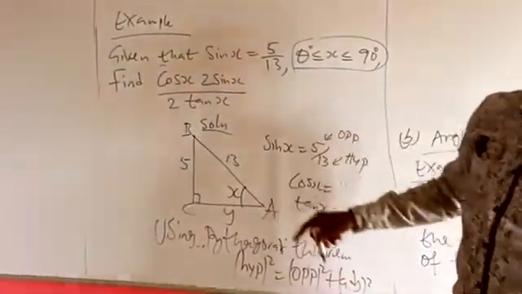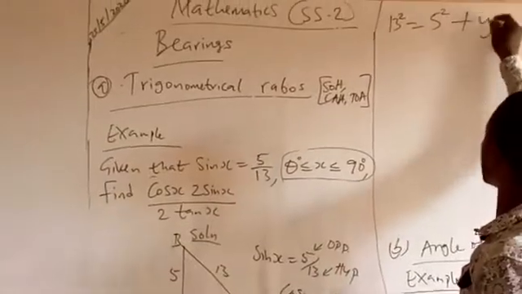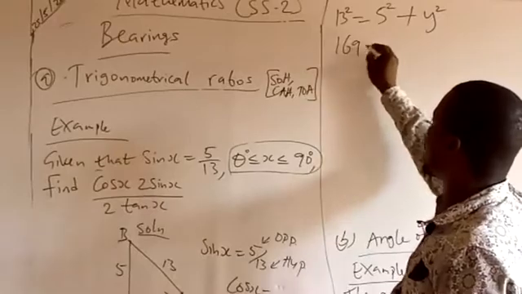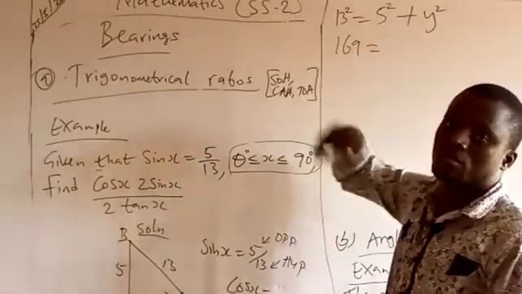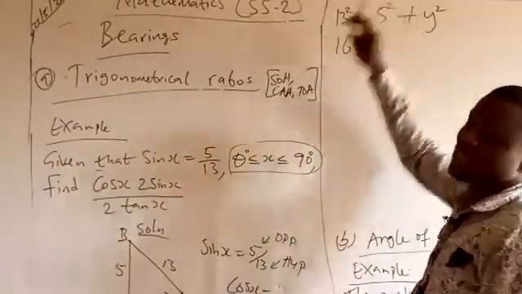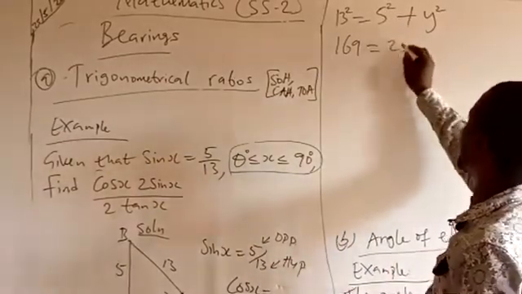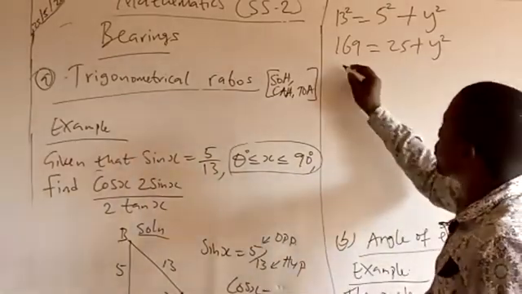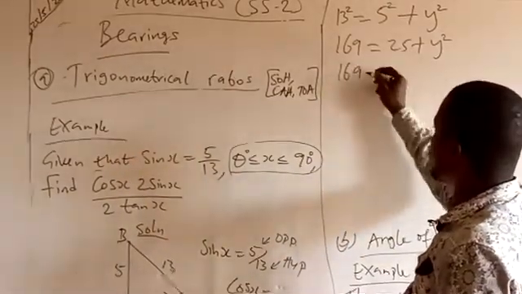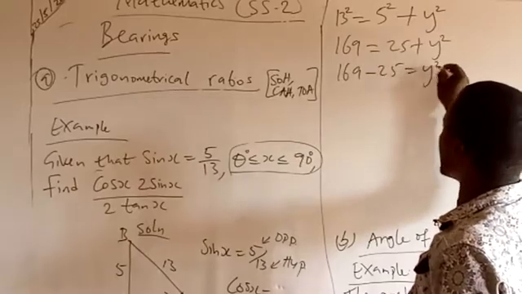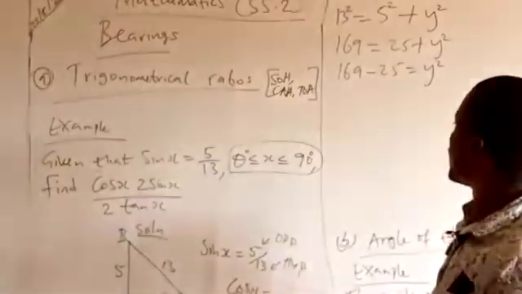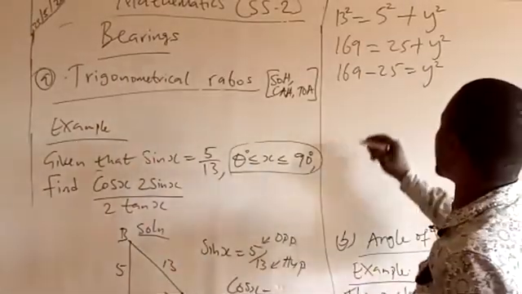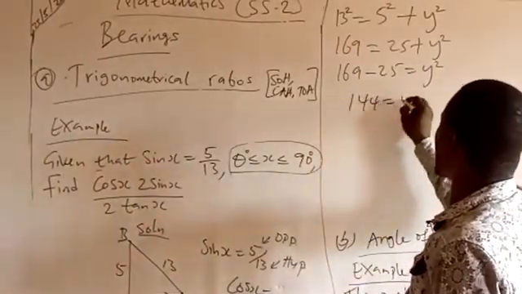I use letter y to represent the adjacent side, so y squared. 13 squared means 13 times 13, which gives 169, equals 25, that is 5 times 5, plus y squared. Collect like terms: 169 minus 25 equals y squared. Subtract 25 from 169 and we get 144, so 144 equals y squared.